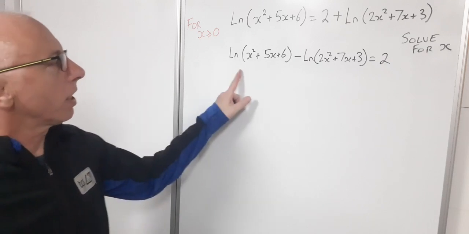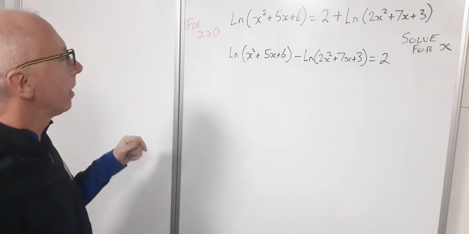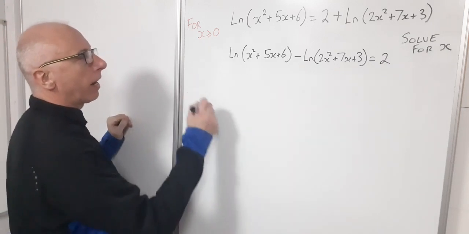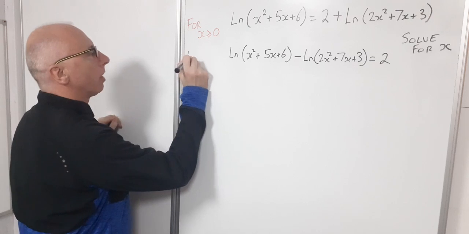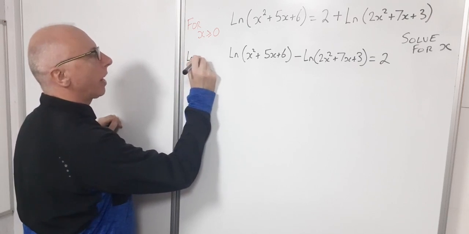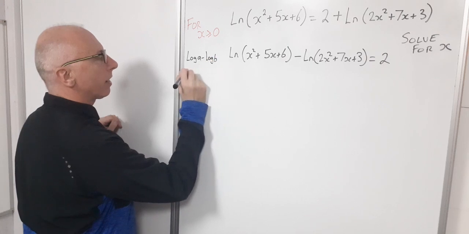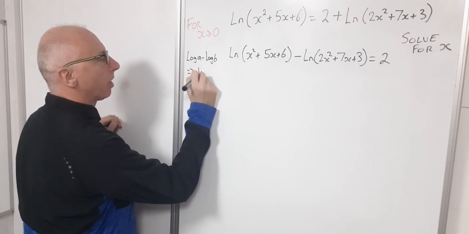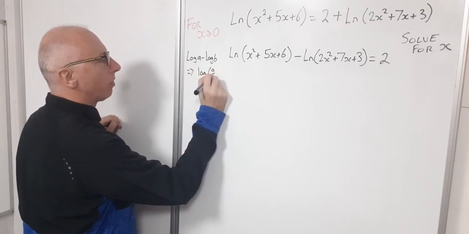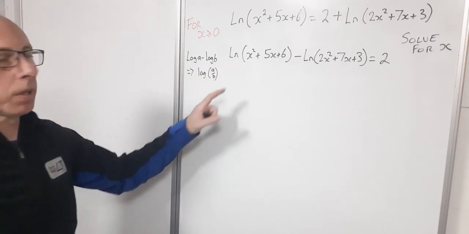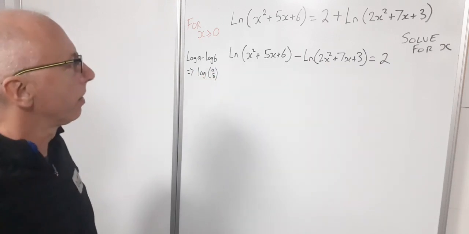So what we could use is a logarithm identity. So we know that if we have log of a minus log of b, that is the same as the log of a over b. So we could use that identity for this.